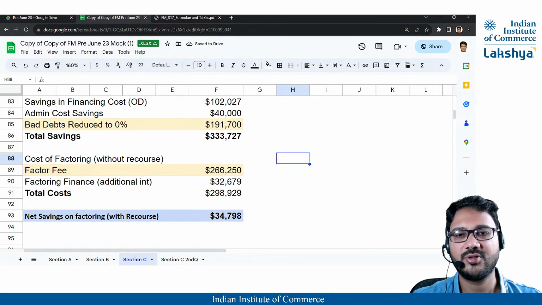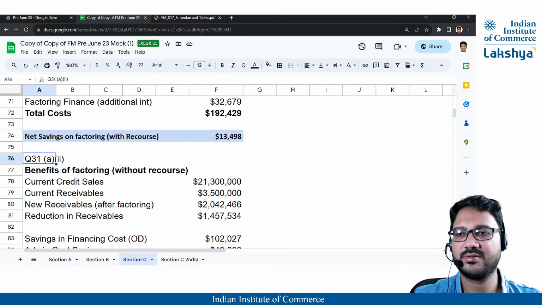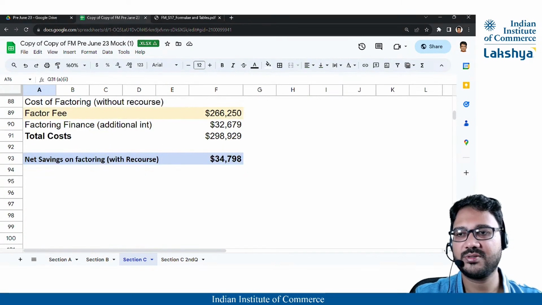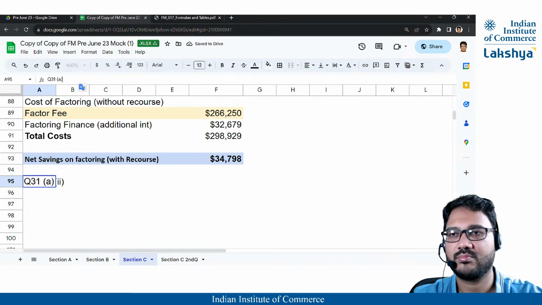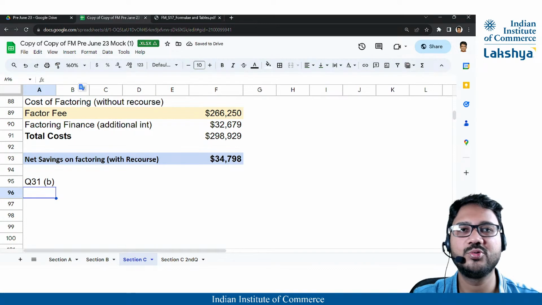Okay, then they have asked us subsection B, which is to be used.